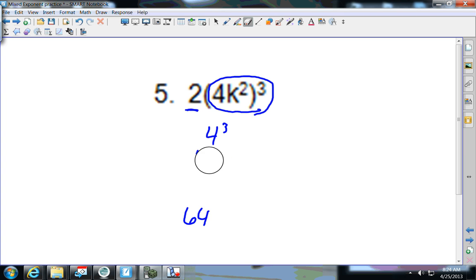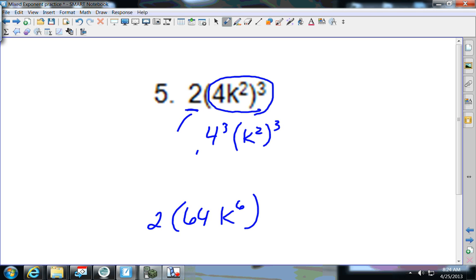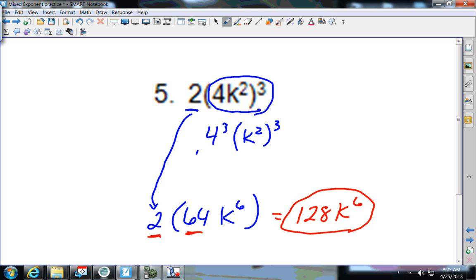So I have 64, and then this is k squared to the third power, which is k to the sixth. Then all of this is times 2. This is when you bring down the times 2. So now you do 2 times 64, which is 128 k to the sixth. This would be your answer.